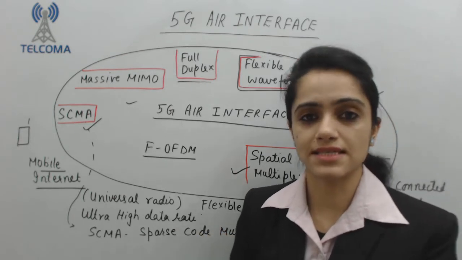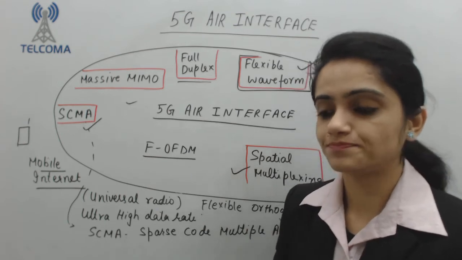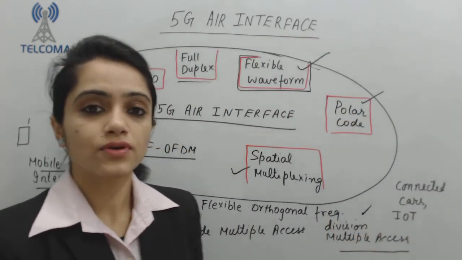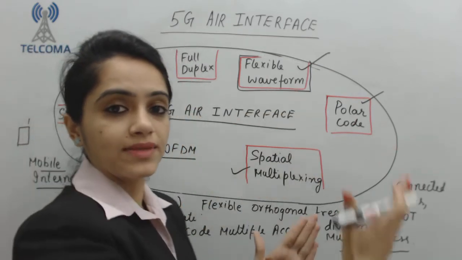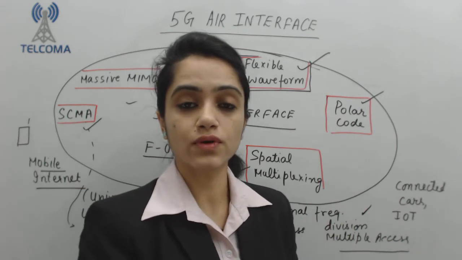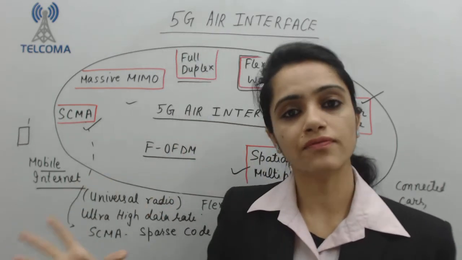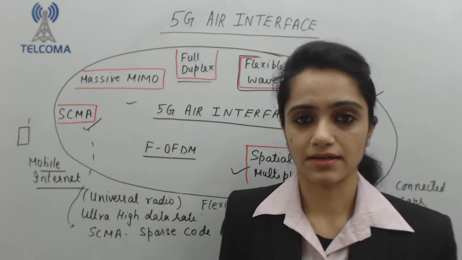Massive MIMO is a concept in which we have multiple inputs and multiple outputs. In 4G, we are using 4x4 or 8x8. Now we are using above that. Over 4x4, we will use the massive MIMO concept, with a number of input and output devices connected to one another.